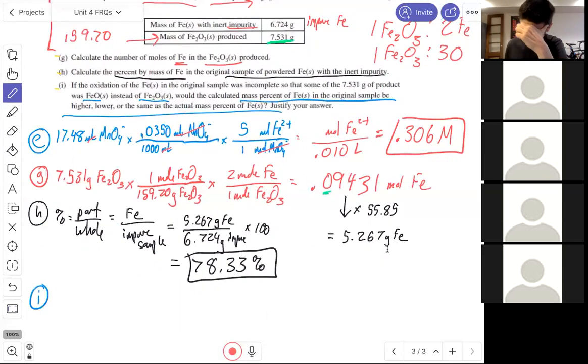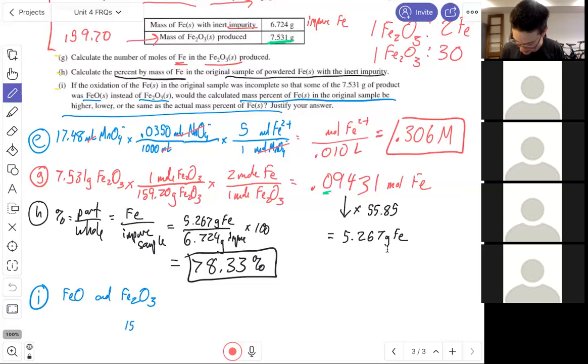So first off, between FeO and Fe2O3, at no point did it technically ask you for the mass percent of iron. They haven't actually asked for that, but to be able to answer that question, you kind of have to know that. So the mass percent, let's see here.